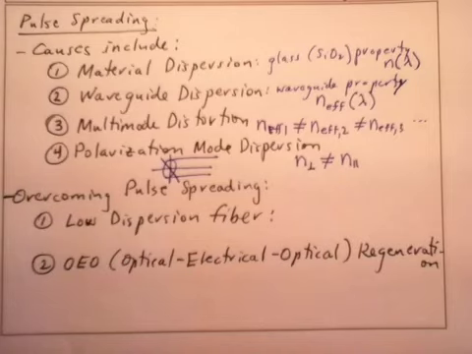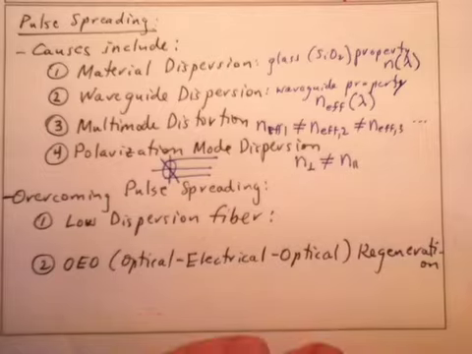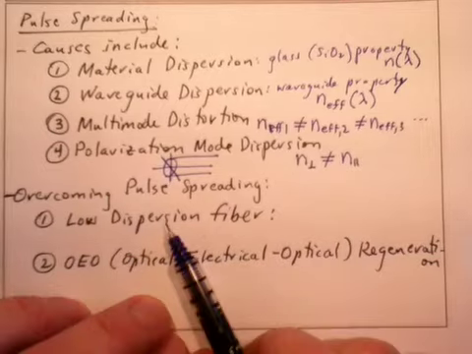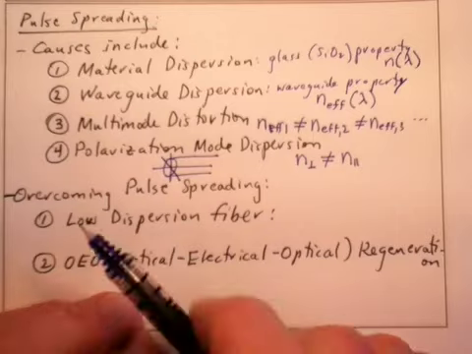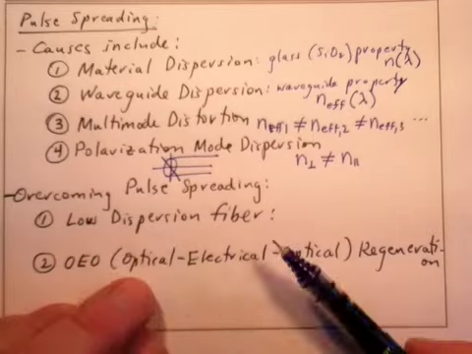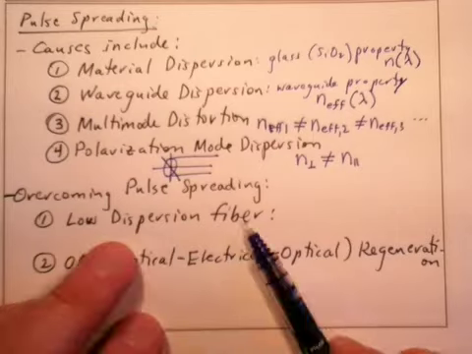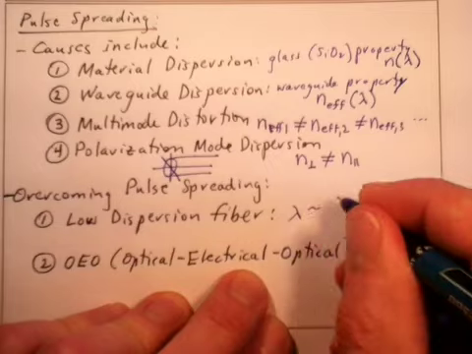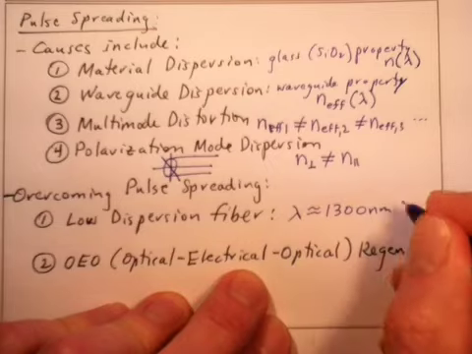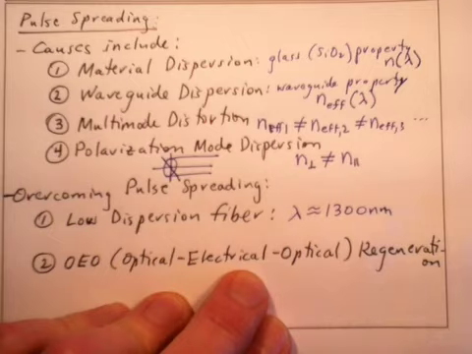In the same way that we could overcome loss with an amplifier, I meant, we can overcome fiber loss with an optical amplifier, we can overcome pulse spreading a couple of different ways. The first way is to use low dispersion fiber. We're interested in that 1300 nanometer window because of that fact.